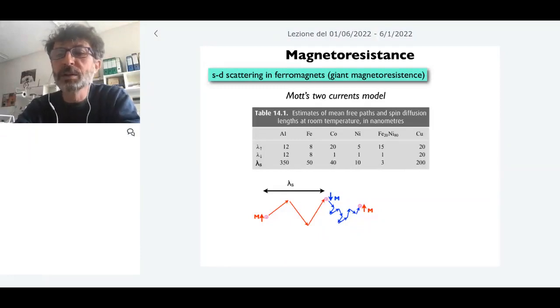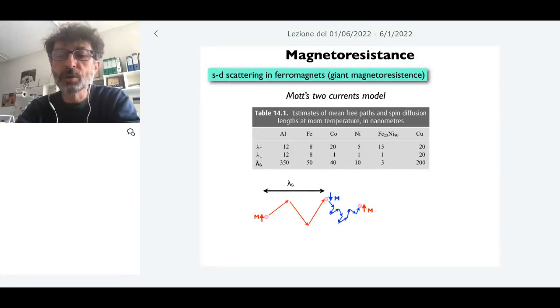For iron, there is quite contradicting data, so it's not clear if we have a real difference, because iron is a material where the Fermi level lies on the d band for both majority and minority spin. For cobalt and nickel, the situation is more clear. We have the mean free path, which is much larger for the majority one, and also for the iron-nickel alloys.